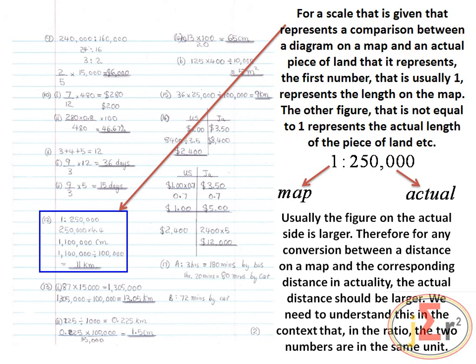Therefore, for any conversion between a distance on a map and the corresponding distance in actuality, the actual distance should be larger. We need to understand this in the context that in the ratio, the two numbers are in the same unit. So for the scale of a map, these two numbers are in the same unit.